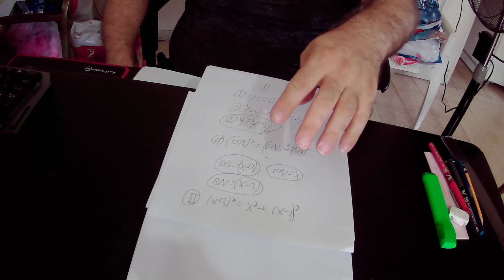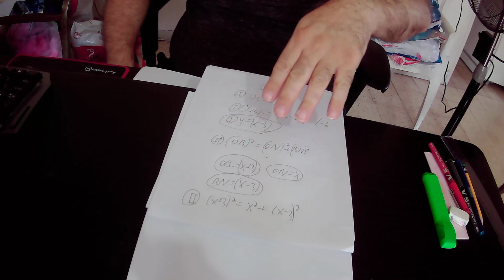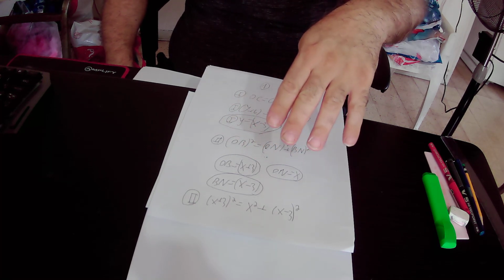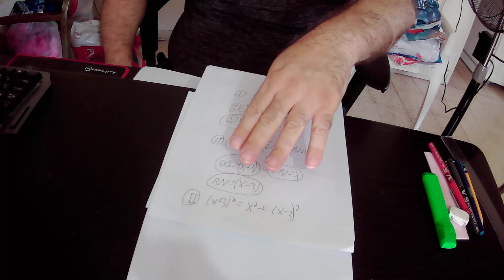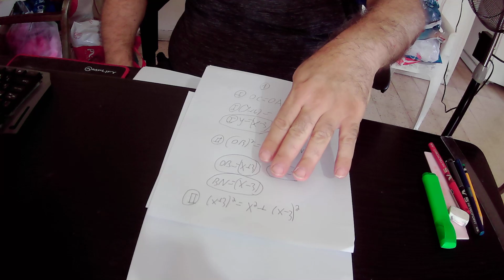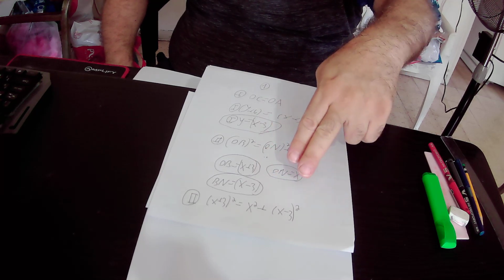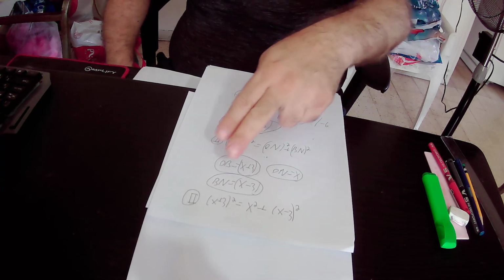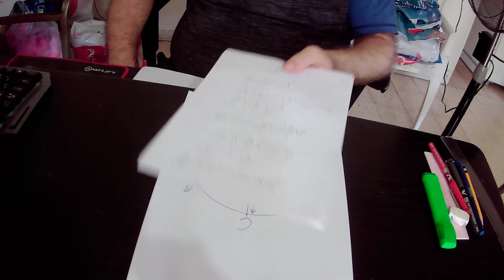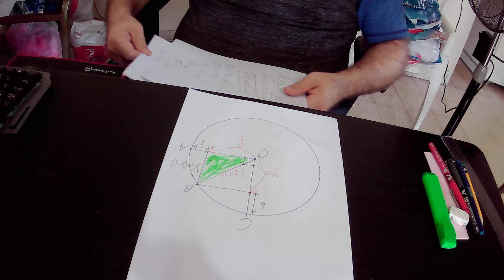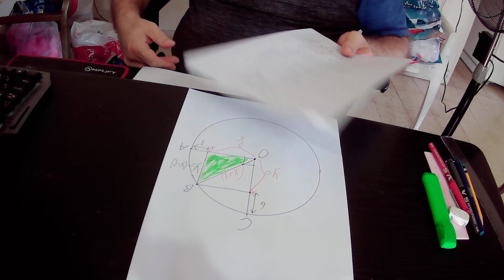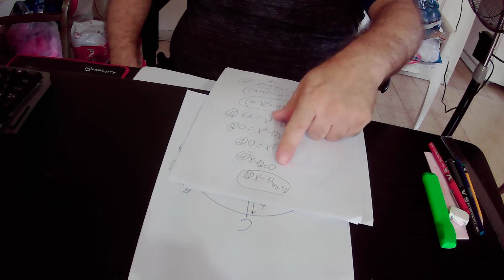So we substituted those variables, and we got that x plus 3 square equals x square plus x minus 3 square. We solved this simple equation and we got to the final result that x equals 12 units.